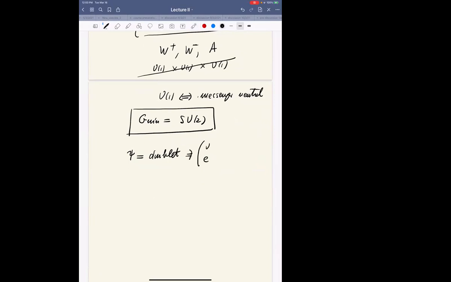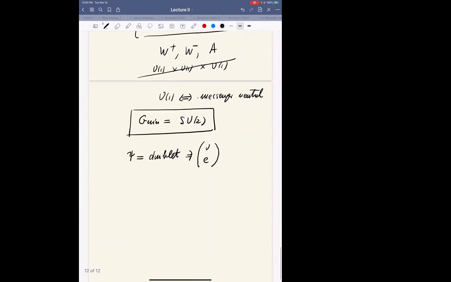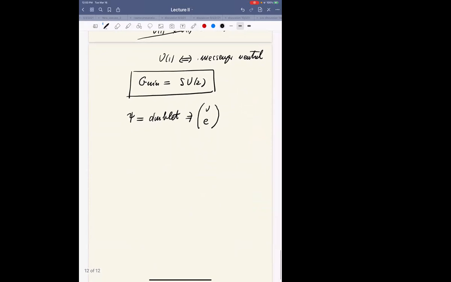You agree? They are together because under weak interactions, neutrino becomes electron, electron becomes neutrino, so this will be the doublet. So this you could call psi. And I will often call it L, leptonic, to emphasize this is a leptonic doublet.